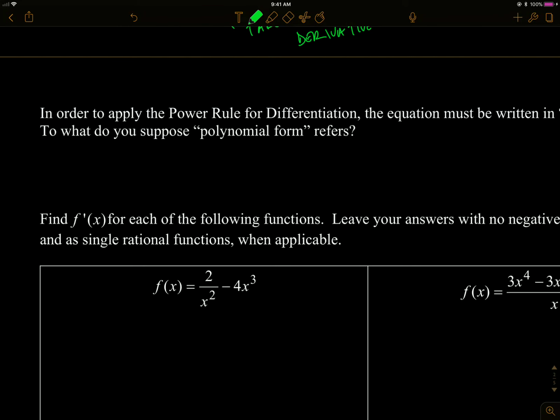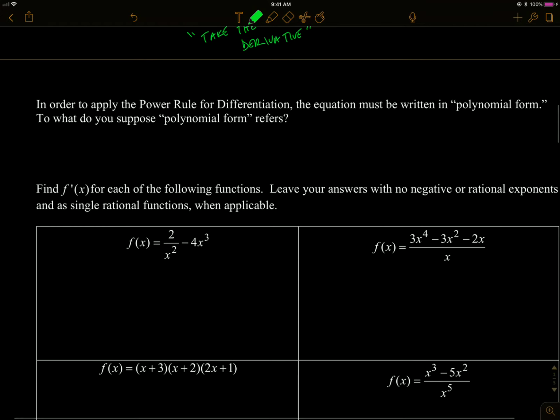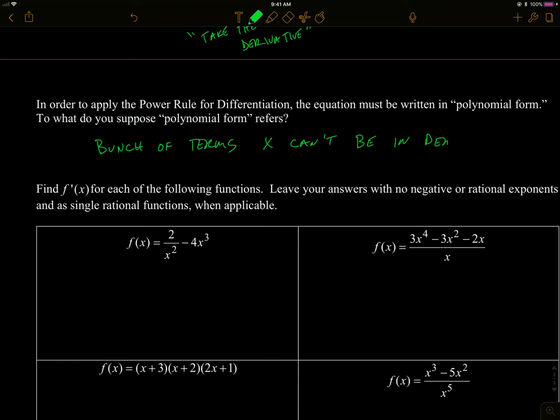All right, so let's look at some examples now that aren't set up nice in polynomial type functions. And we'll see what that means. So when we say polynomial form, what it means is we have to have a bunch of terms, and x can't be in the denominator, and x can't be in a root, a square root, a cube root, whatever.